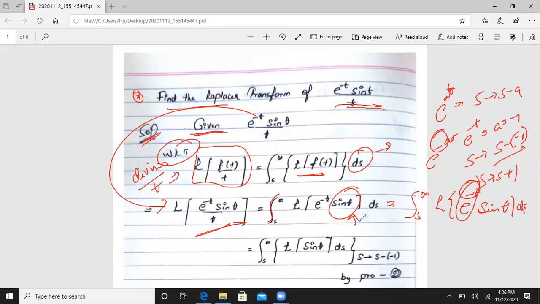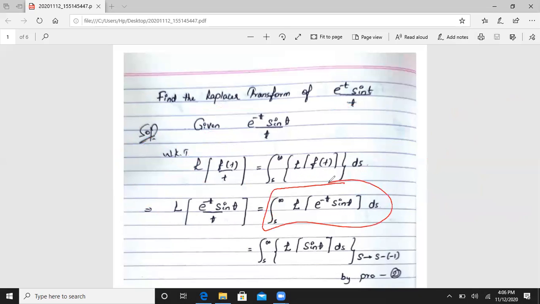So here, the integration from s to infinity of the Laplace transformation of e to the power minus t into sin t ds, we write as the integration from s to infinity of the Laplace transformation of sin t ds, where s becomes s minus of minus 1, that is s plus 1.